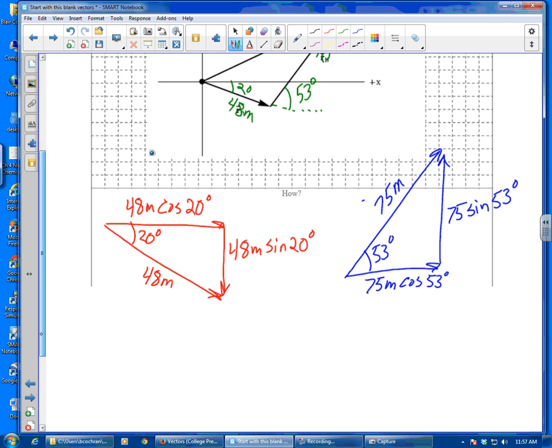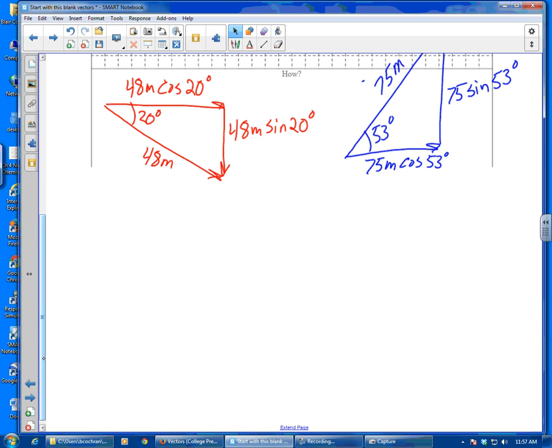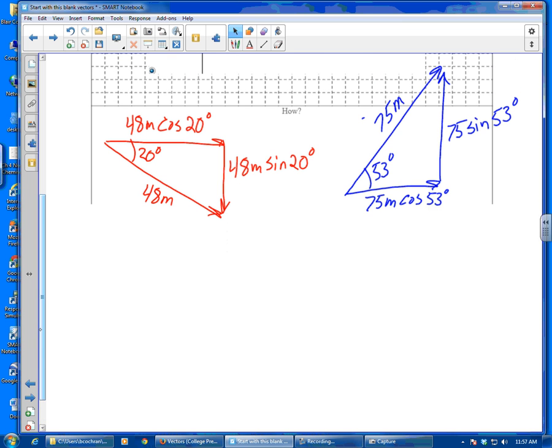So now what I'm going to do, since I've taken my two vectors and broken them into parts, is add up those parts. And those parts will add up and be the parts of my final vector. So I'm going to take the horizontal part of A, which is 48 meters cosine 20 degrees. I'm going to add to that the horizontal part of B. How do I add two vectors together?